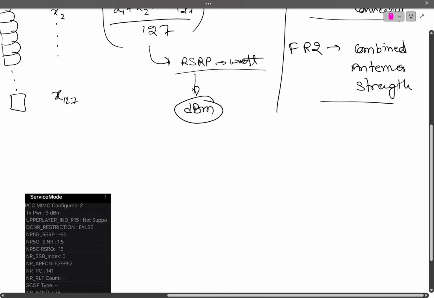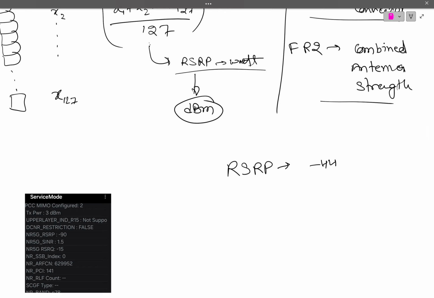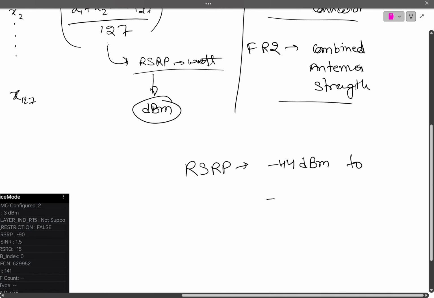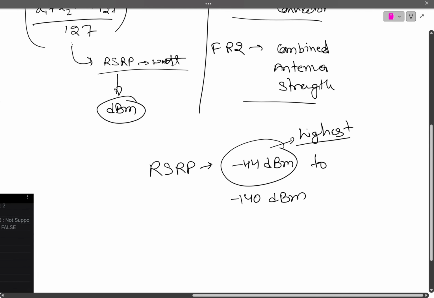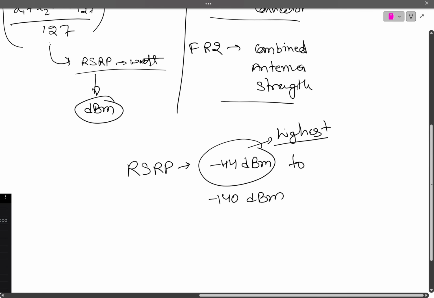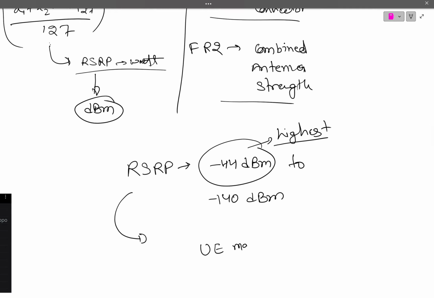The range of the RSRP is from -44 dBm, which is the highest, to -140 dBm. This is the highest value defined that the UE is expected to have. Normally, for the UE the maximum input power that is defined is -20 dBm.